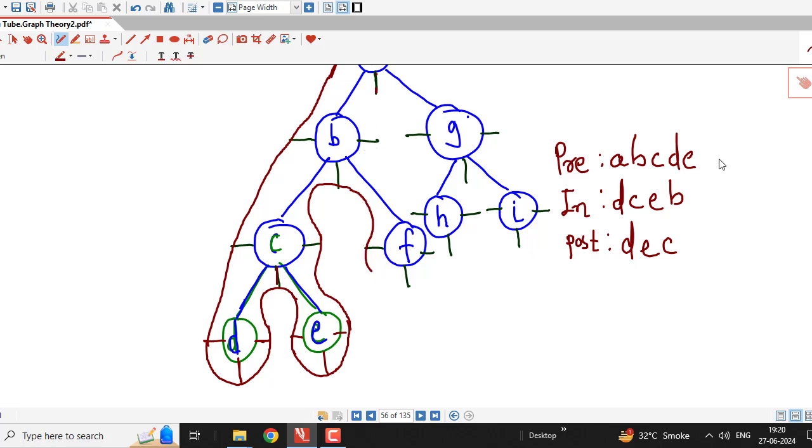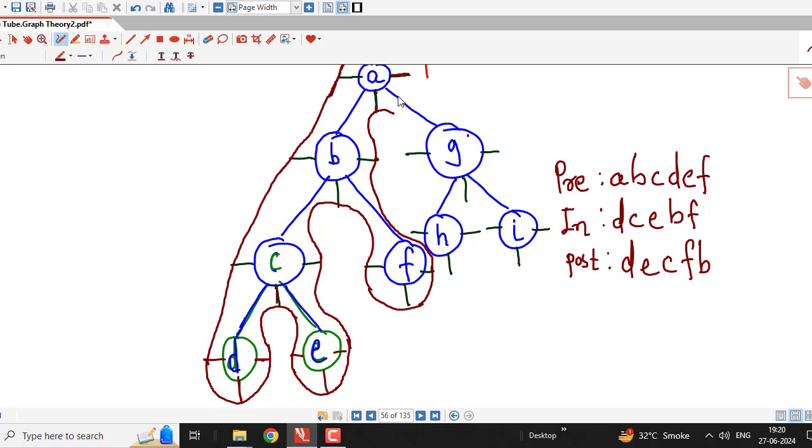Then this is for pre-order, this is for in order, so I write F here also. This is for post order, so I write F here, and first I have to go in this direction. So B is in post order, then this is for vertex A. So A is in order, then this is for G in pre-order, then we are coming near to H. So this is again for pre-order.